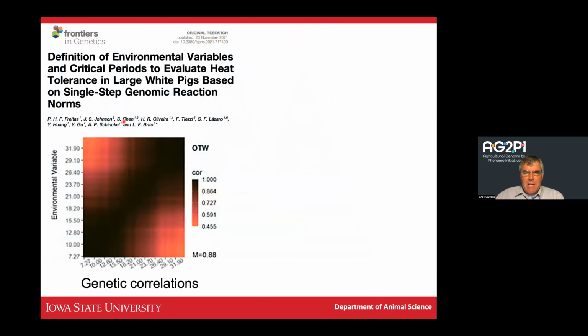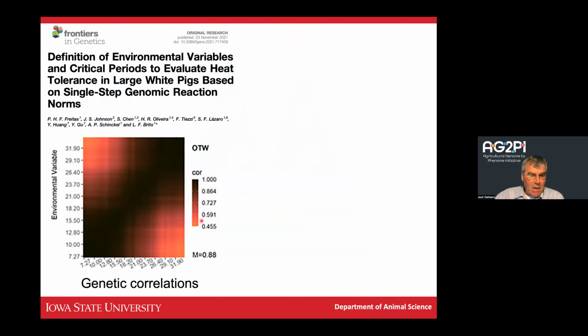Still lots of limitations because there's not one commercial environment. This is a paper looking at heat tolerance. So looking at a range of, I think this is temperature, range of temperatures, and the genetic correlations across this two-dimensional surface. You can see that some of these correlations get pretty low.